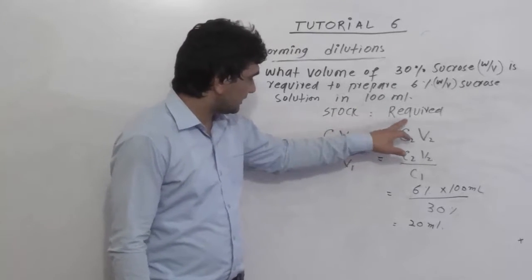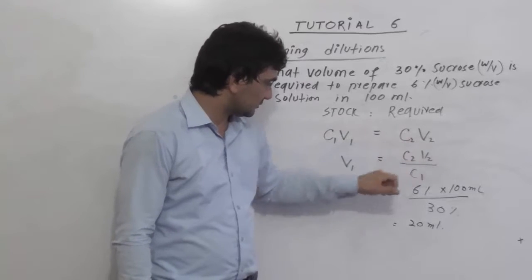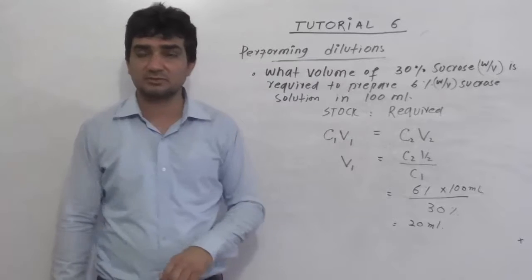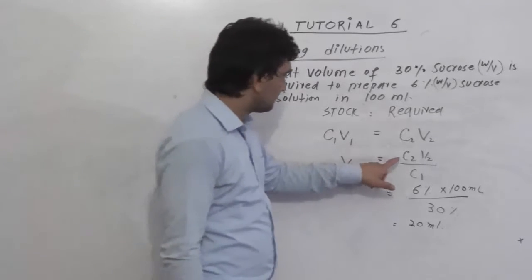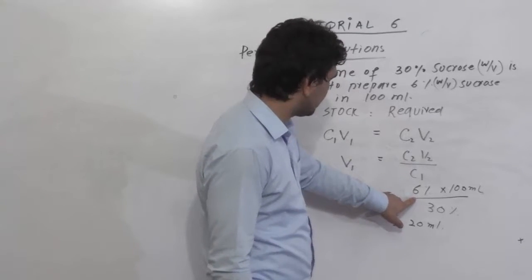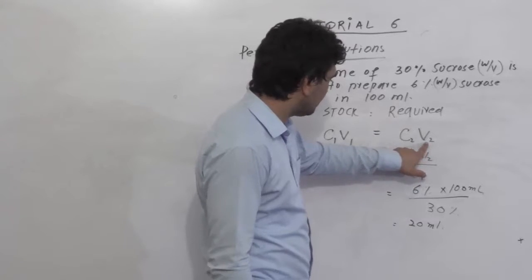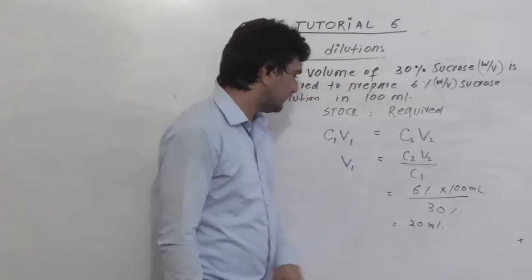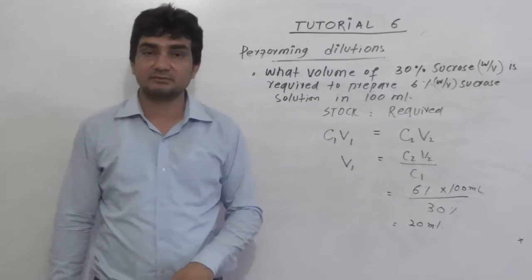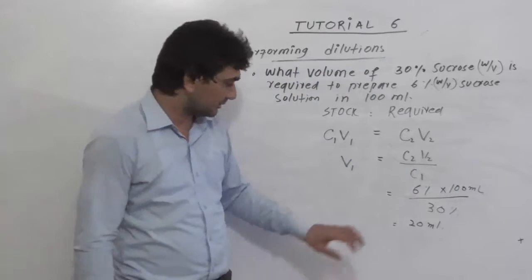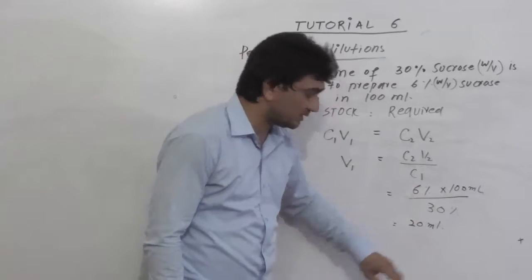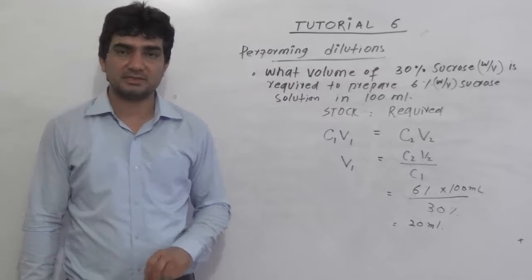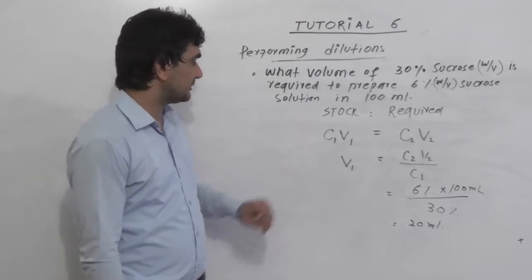We have the equation here, C1V1 equals C2V2, and V1 is the required volume of the stock solution which we need to calculate here. Put in C2, which is 6% required concentration, V2 required volume, which is 100 ml, and C1 the stock solution concentration, which is 30% weight by volume. Putting all these together here, we are getting 20 ml stock solution volume is required to prepare this sucrose solution.